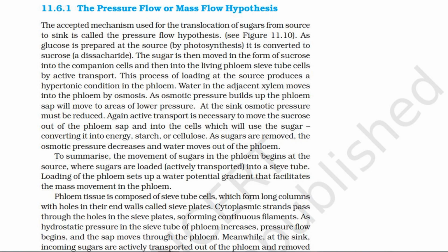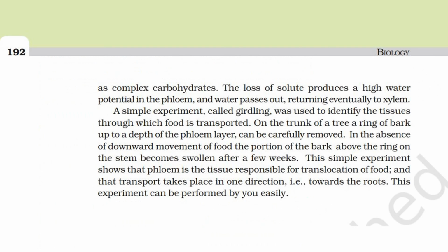As hydrostatic pressure in the sieve tube of phloem increases, pressure flow begins, and the sap moves through the phloem. Meanwhile, at the sink, incoming sugars are actively transported out of the phloem and removed as complex carbohydrates. The loss of solute produces a high water potential in the phloem, and water passes out, returning eventually to xylem.